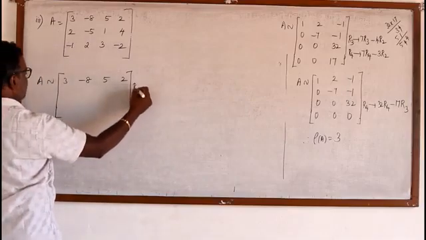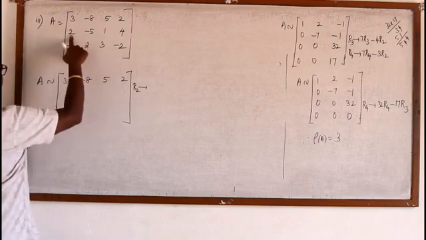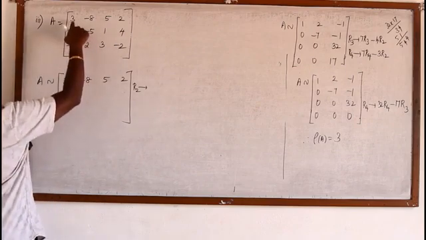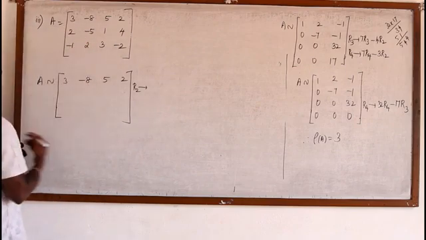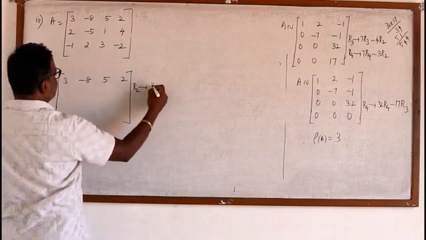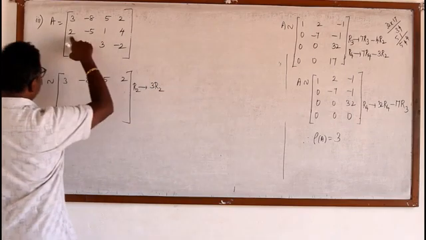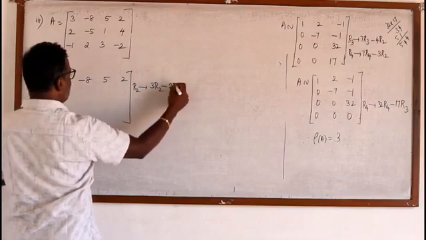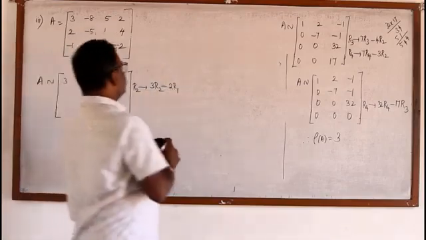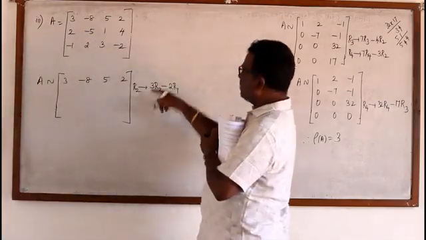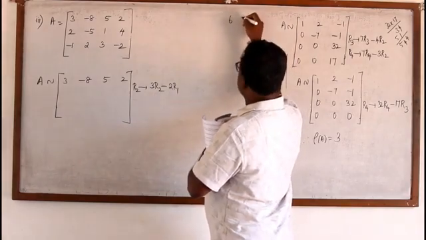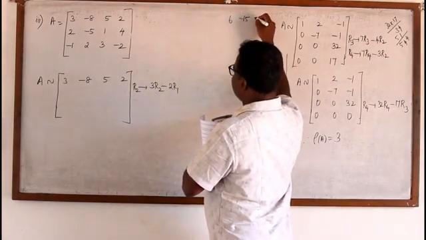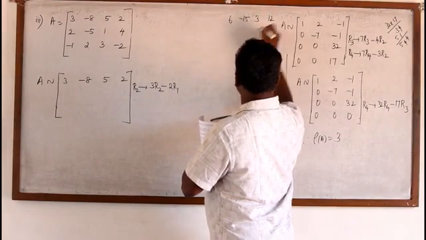So shall I write R2 as, if I multiply this one by 3, it will become 6. If I multiply this one by 2, that will become 6. So R2 is written as 3R2 minus 2R1. Multiply R2 by 3, 3 2s are 6, 3 5s are minus 15, 3 4s are 12.